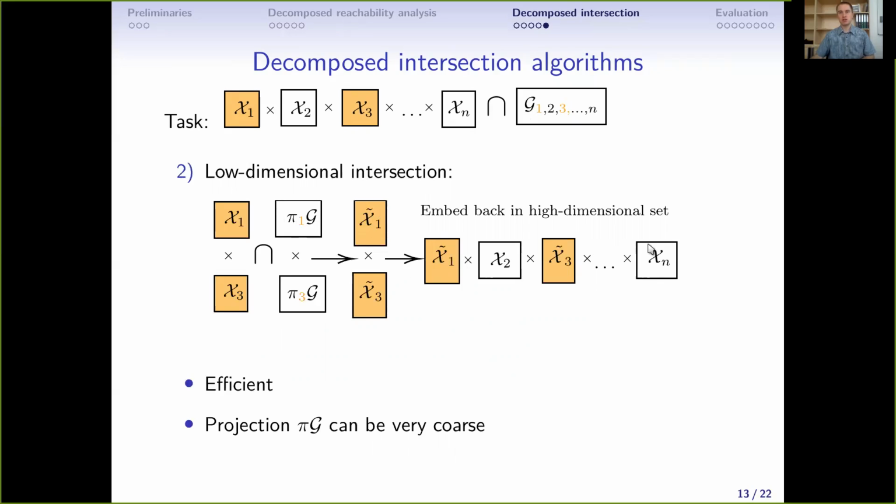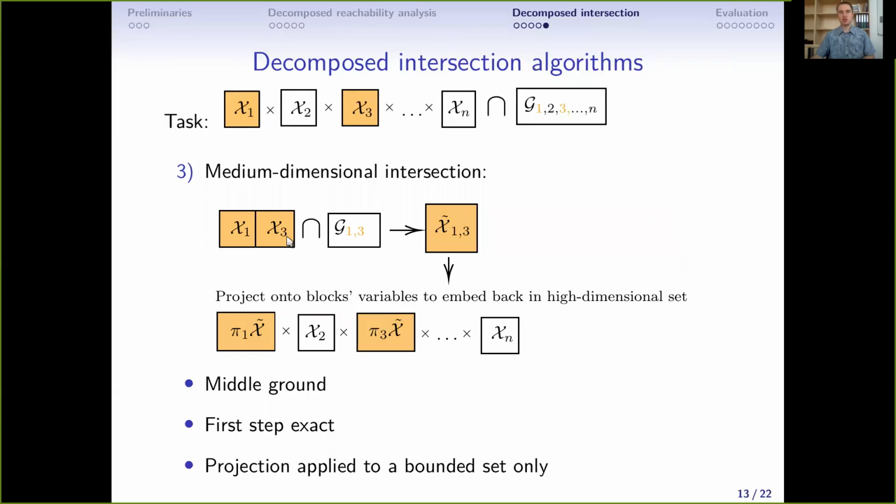And then you can take a Cartesian product of the original X sets, because as I said, G is unconstrained in the other dimensions, so the intersection will be the identity. And this is a superset of the true intersection. This is very efficient, of course, because you can do everything in low dimensions. But in general, this projection can be super coarse. You can even obtain the universe here.